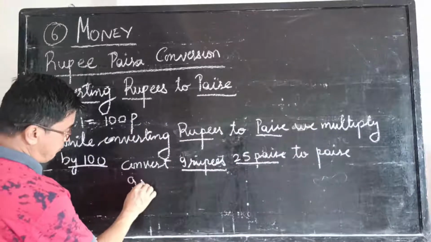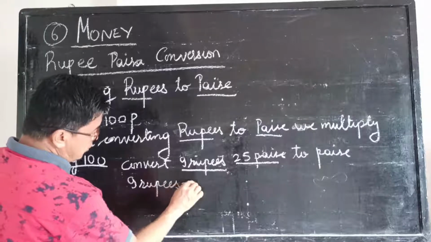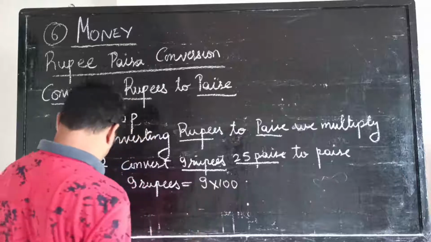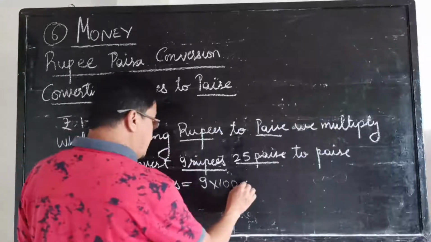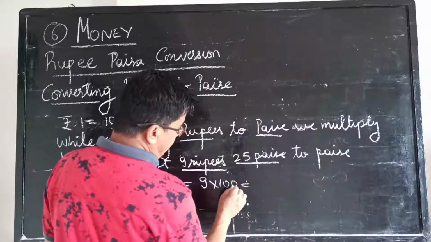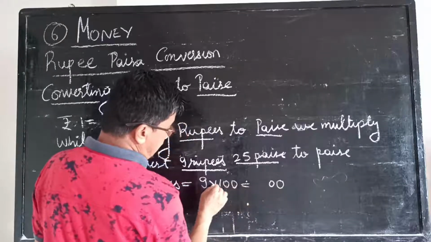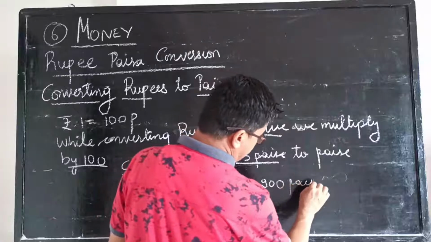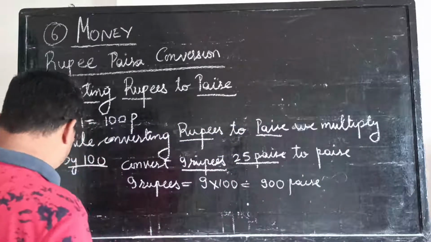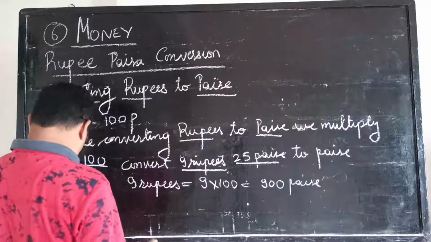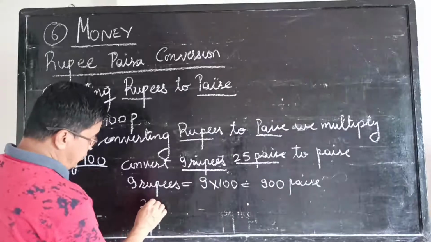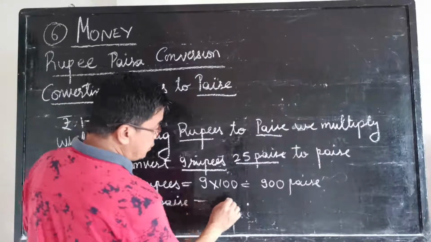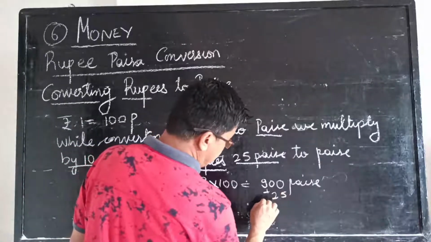9 rupees, when we convert into paise, we have to multiply 9 into 100, which is equal to 900 paise. Then we know that there is already 25 paise, so we add 900 plus 25 paise.